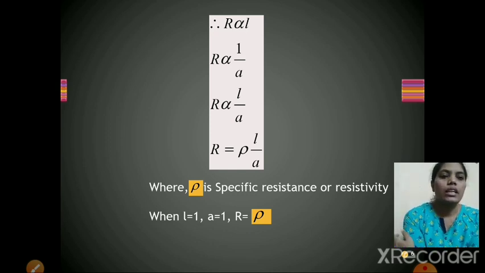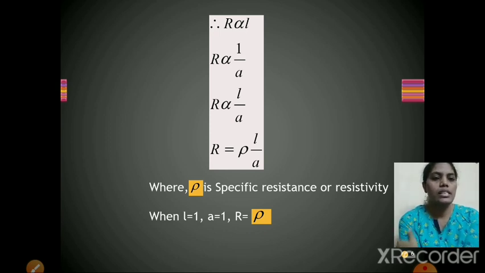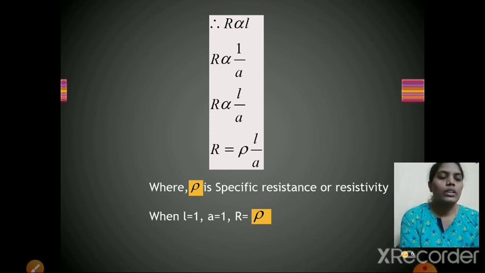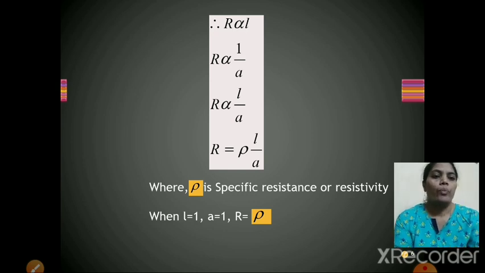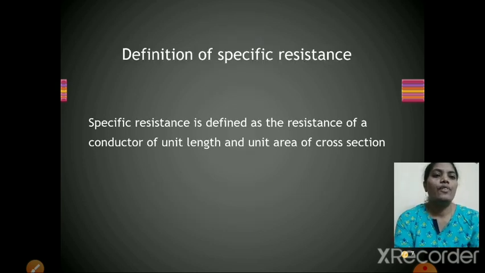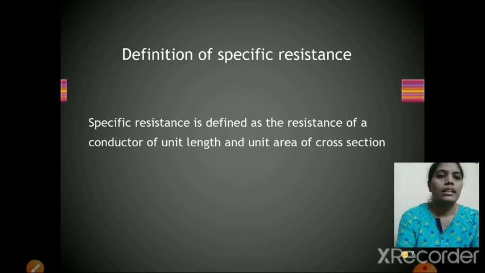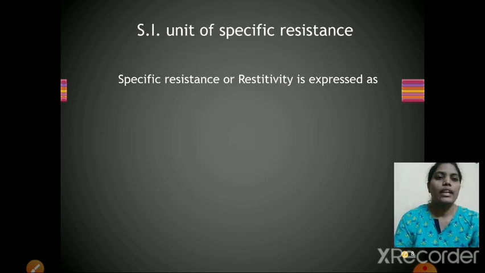See here in the expression, if L is equal to 1 and A is equal to 1, then R is equal to rho. Now, we can define specific resistance as the resistance of a conductor of unit length and unit area of cross section.